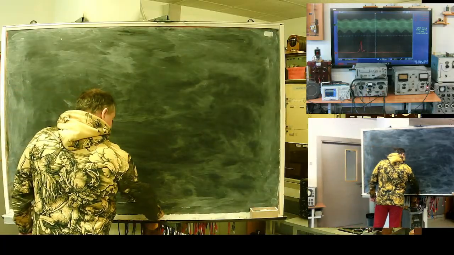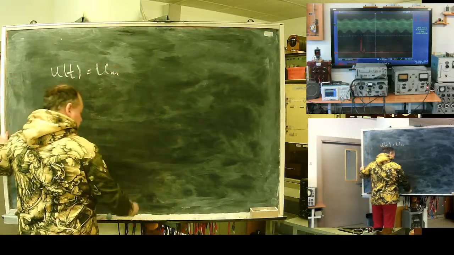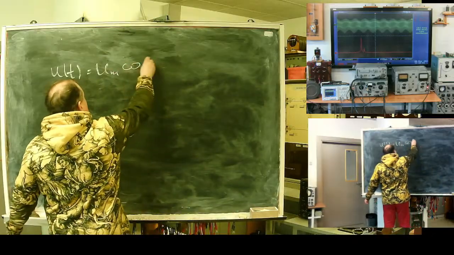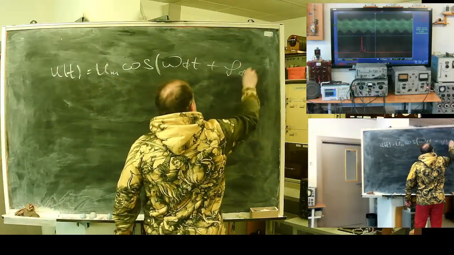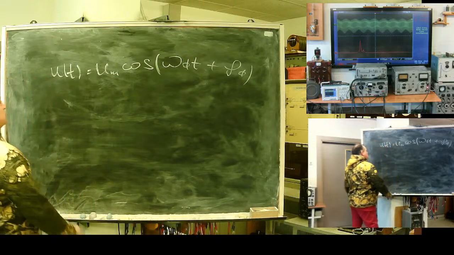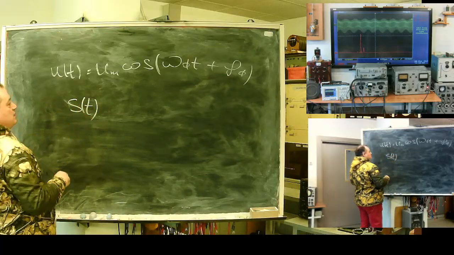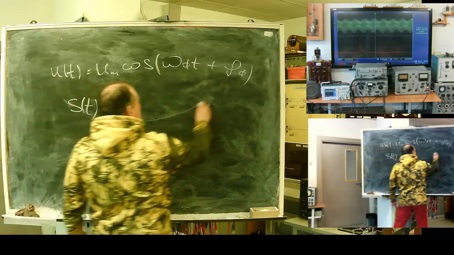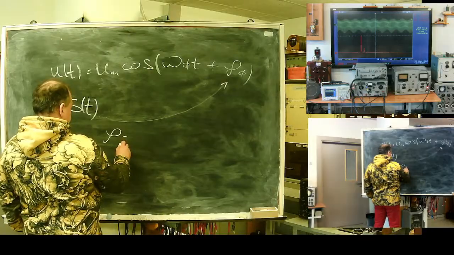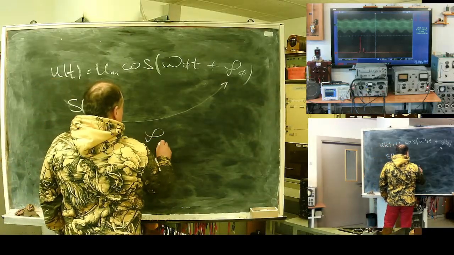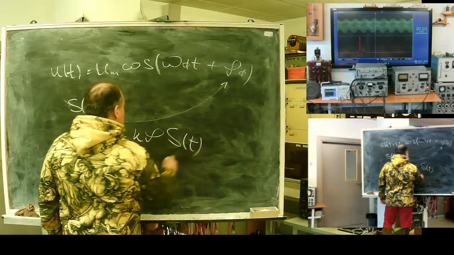If we have a carrier signal like Umax cosine omega 0 time plus phi 0, and I would like to use it for transfer of my info signal, I can use angular shift, so phi will be some scale factor multiplied by my signal.